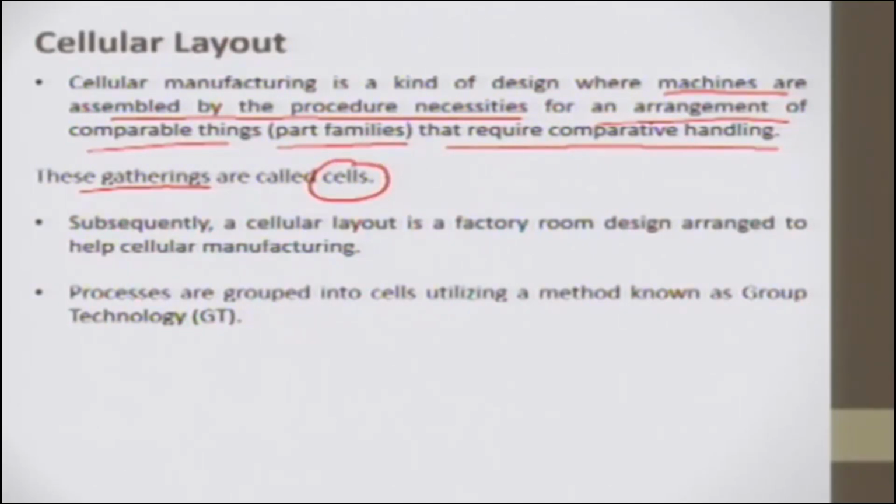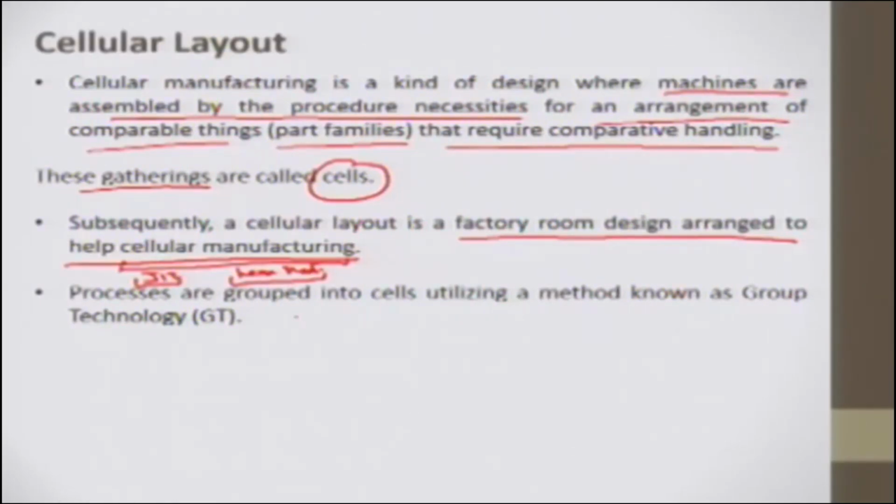Subsequently, a cellular layout is a factory floor design arranged to support cellular manufacturing. What is cellular manufacturing? It is a process of manufacturing in which JIT or lean manufacturing and group technology are used. Cellular manufacturing uses JIT or lean manufacturing tools.